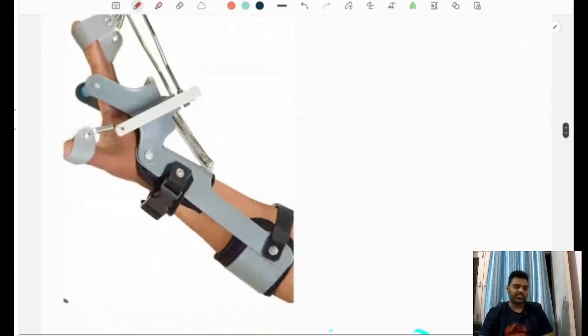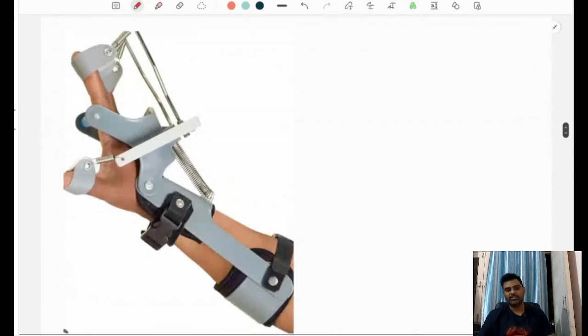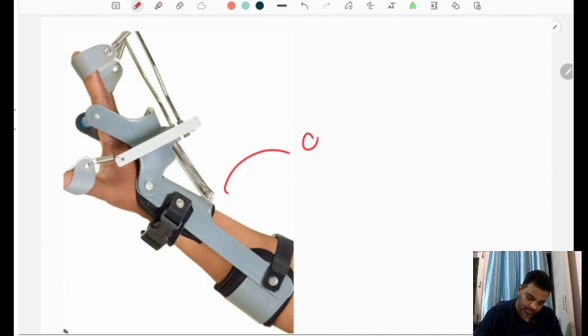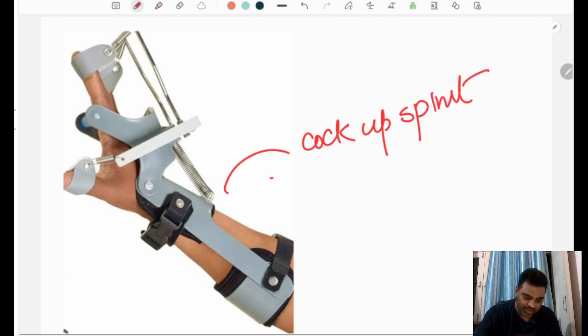Okay. So what is this? Can anybody tell me what this is? Okay, this is a cock-up splint. Used in which nerve injury?